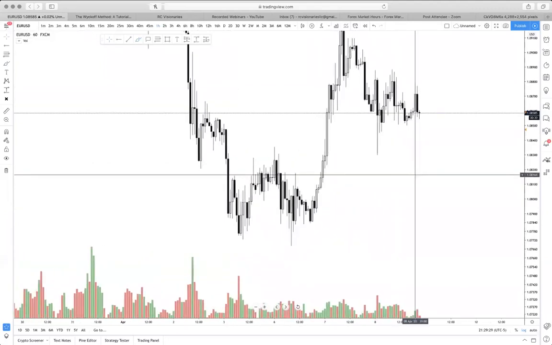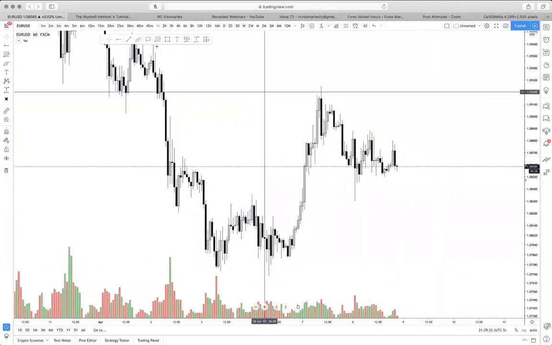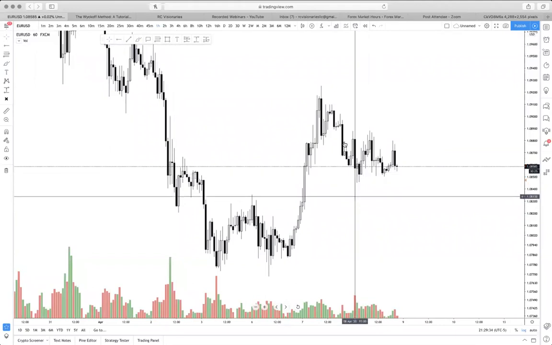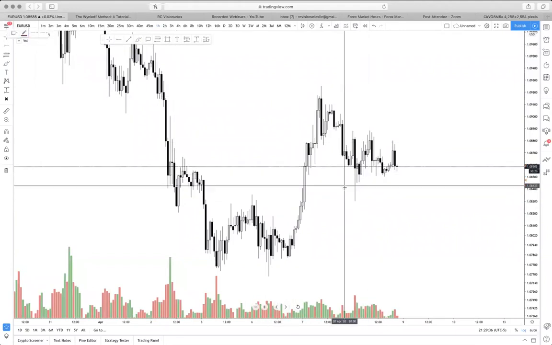And the cool thing here is how I teach momentum to you guys. You guys know this, right? Let's say our SC is somewhere around there.